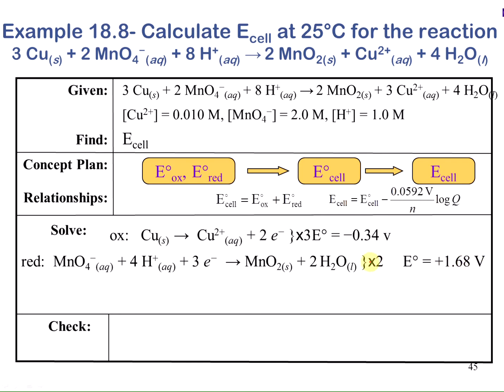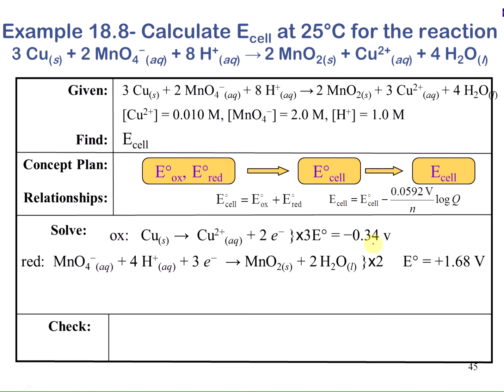Now we're going to have to multiply this reaction by 2 to get 6 electrons being transferred, and we have to multiply this one by 3 to get 6 electrons being transferred, so that my electrons cancel out on both sides. Even though we multiplied these, we don't change the cell values because the difference in energy doesn't change.